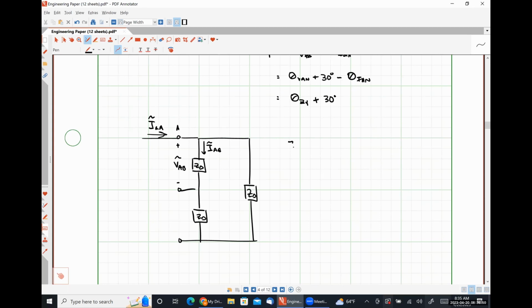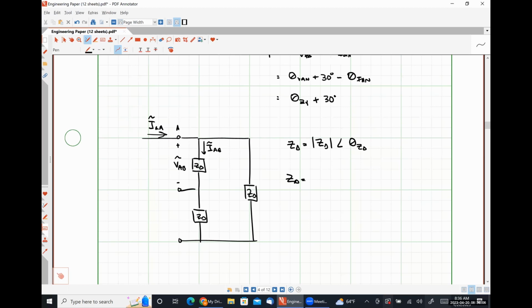So for our delta connected impedance, that's still just the magnitude of Z delta with an angle of theta Z delta.